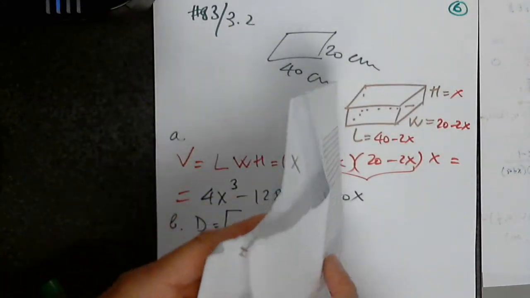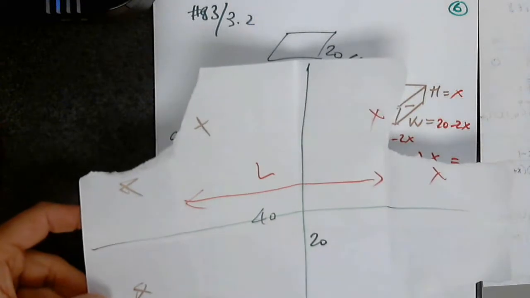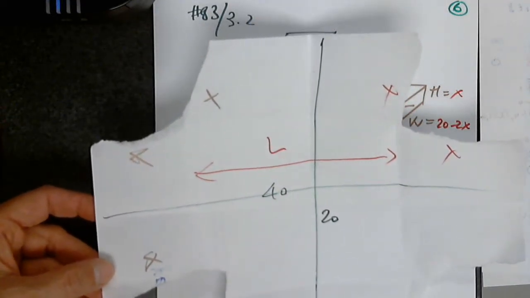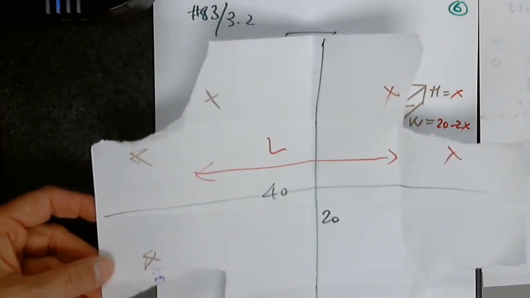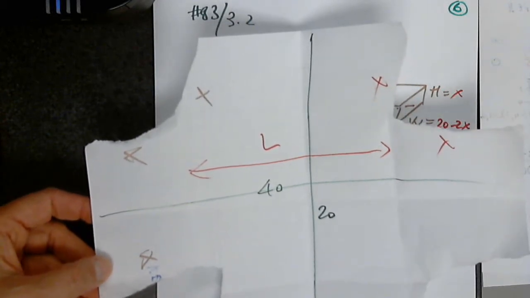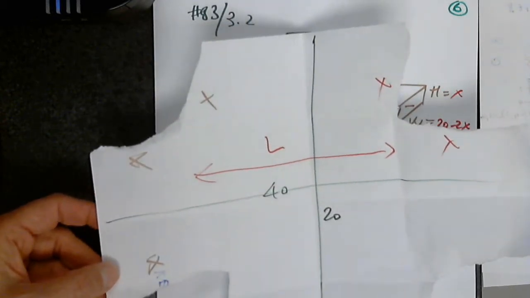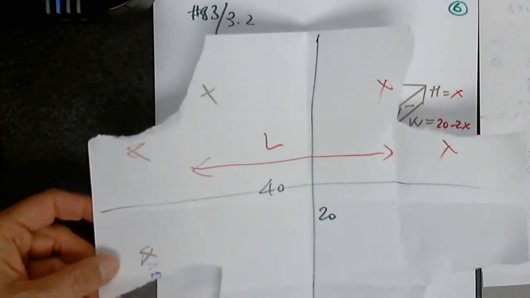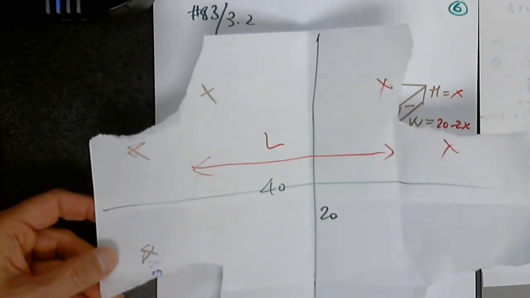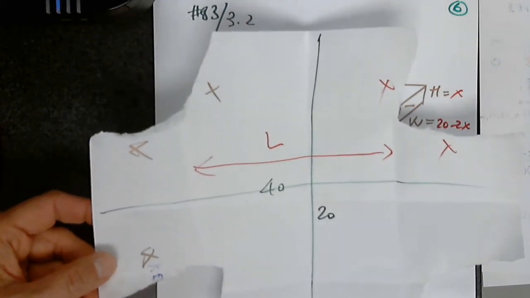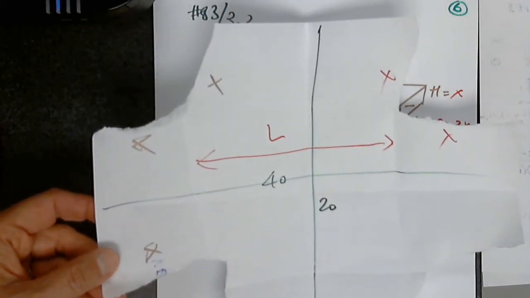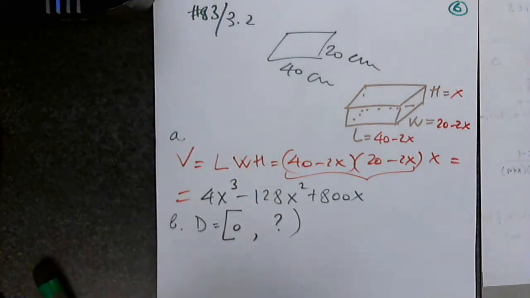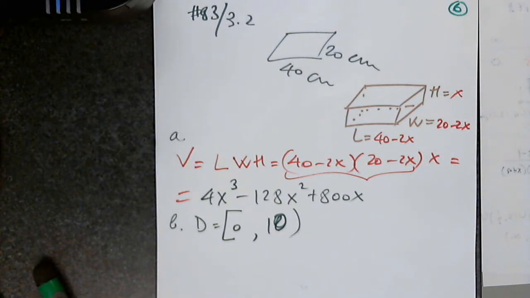So what is the maximum x value that I could have? Half of 40 is 20, and half of 20 is 10. What is the maximum possible x, which is really stretching it? 10. I cannot even imagine that it could be 10, but it cannot exceed 10. Draw a graph of the function V and use it to estimate the maximum volume for such a box.